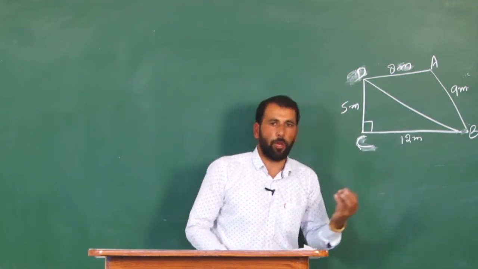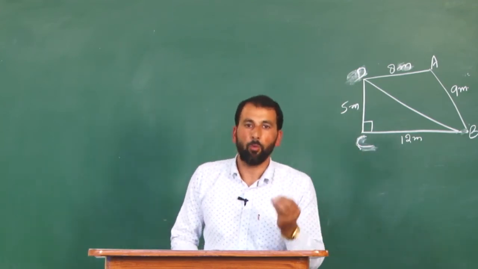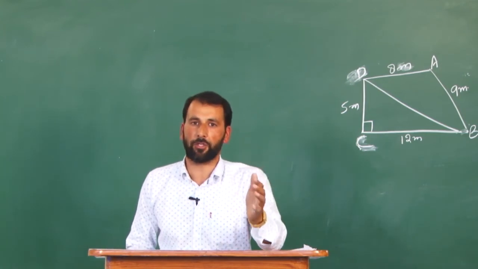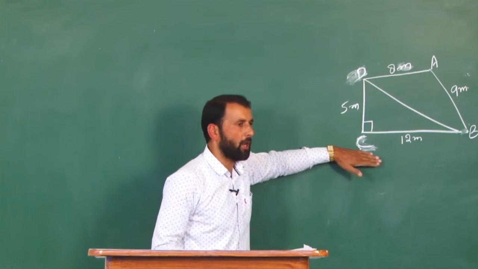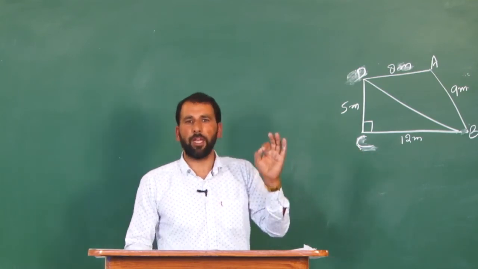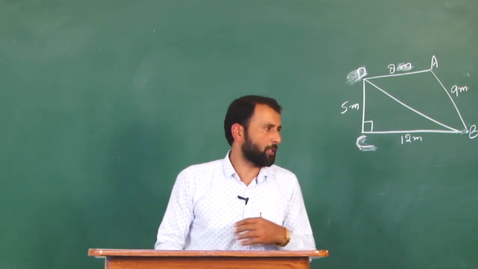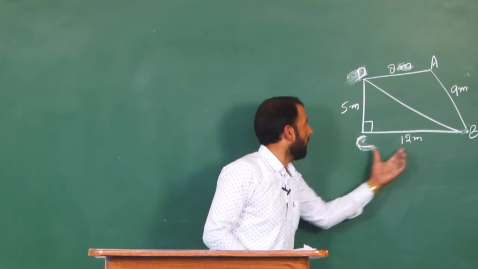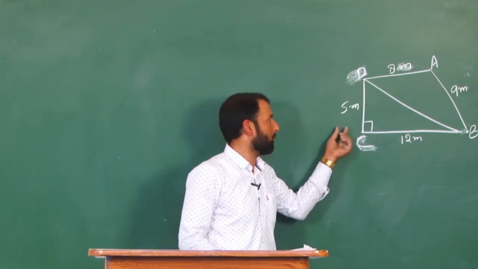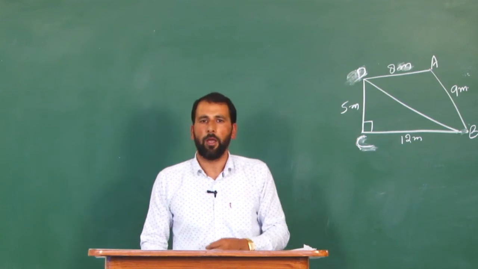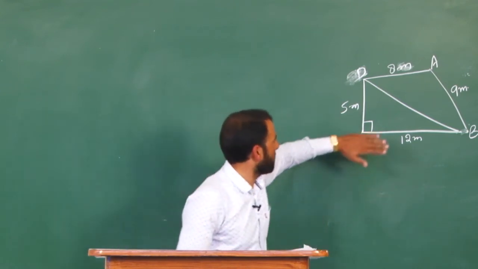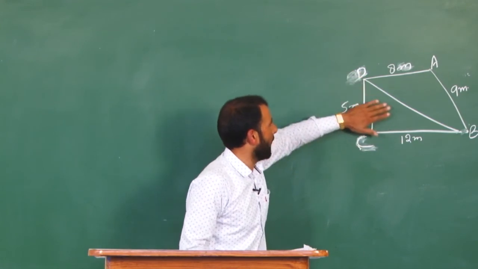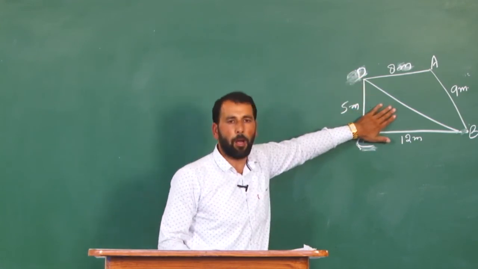Here we have a triangle BCD. What is this triangle? It is a right angle triangle, right angled at C, and we know that when we have a right angle triangle whose base is given, that is 12 meter, and the altitude is 5 meter, we can use the formula 1/2 of base into altitude. So this triangle BCD can be solved by 1/2 of base into altitude.